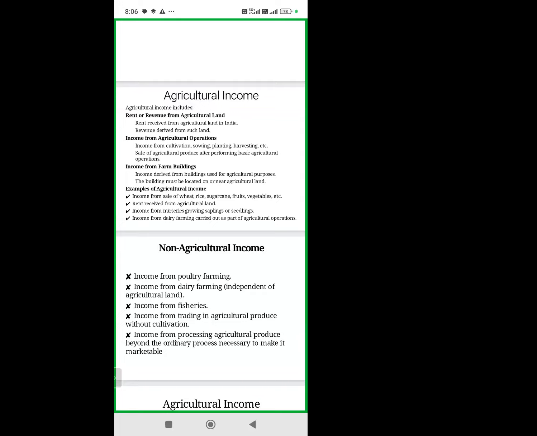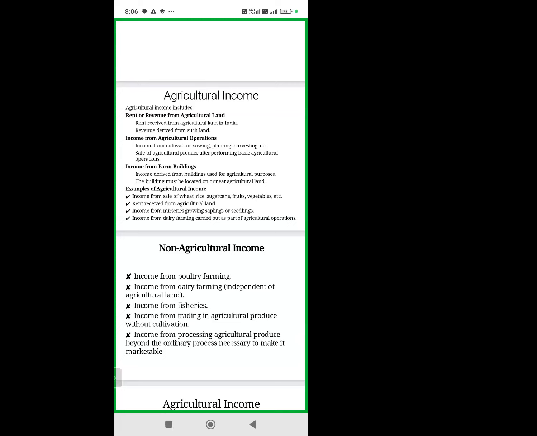But we cannot consider sugar which is produced in a sugar factory, even though it is the output after processing of sugar cane, as agricultural income. So a few things we are supposed to remember forever.